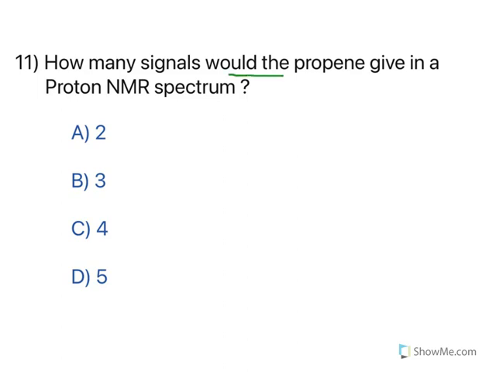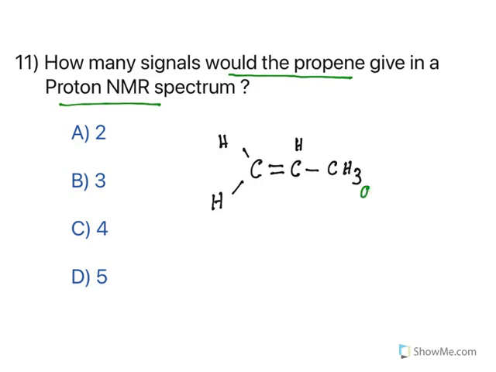Now, how many signals would propene give in a proton NMR spectrum? Now we need to understand it carefully. Let me write the structure. Propene: 3 carbons, containing 1, and it has 3 protons, it has 1 proton, and here you have 1 proton and 1 proton. Now interpretation requires all of you to recognize the equivalence of protons. Now see, all these protons are equivalent. Let us consider it as A. Now this is only 1 proton, this is a different one, so this is a different proton.